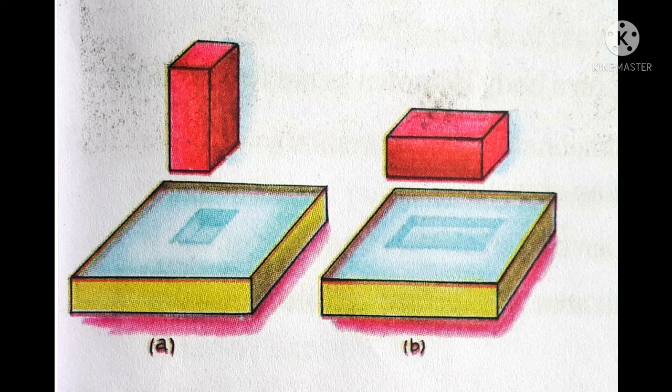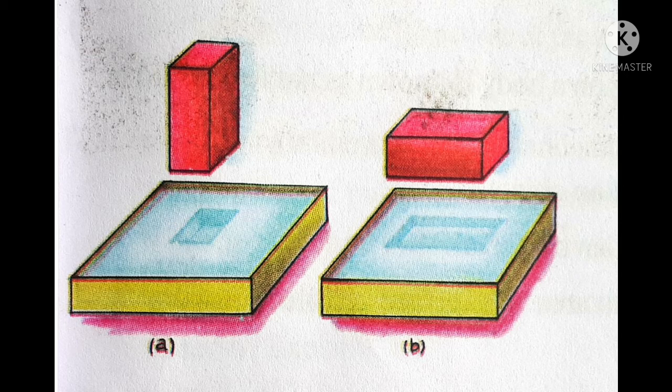Identifying effects of forces. Observe figure A and figure B. Take two trays. Fill the trays with lime powder or fine sand. Now take two rectangular bricks of equal mass and similar shape.